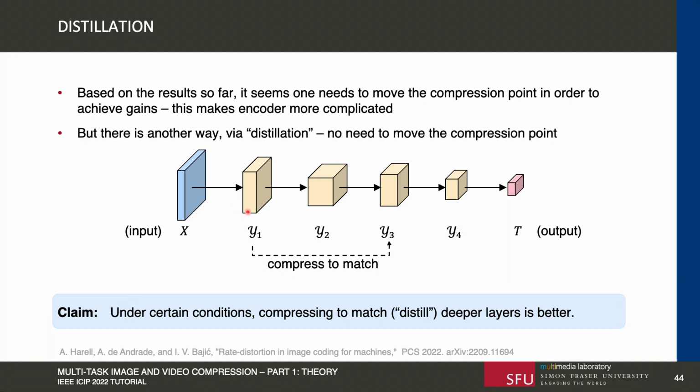So not moving the compression point from, let's say, layer Y1 to Y3, but compressing layer Y1 in order to minimize distortion of layer 3 features. This is what we mean by distillation in this context. And there is a proof that under certain conditions, compressing to match or distill a deeper layer is better in the rate distortion sense.